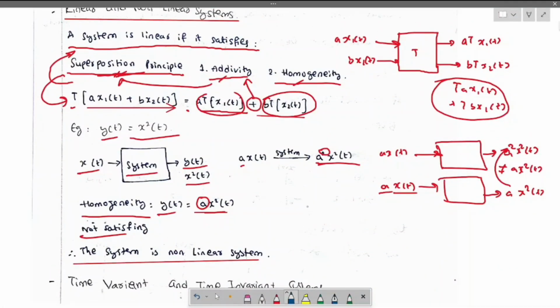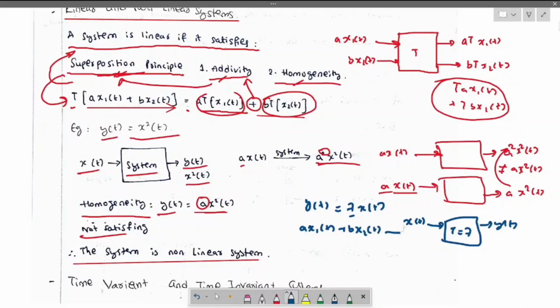In order to understand, let us take y of t as 7 x of t. This is the system, this is x of t, and this is y of t. The system T here is 7, right? Now let us pass this signal and check the superposition. When we pass a x1 of t plus b x2 of t to the system T, it will be T of a x1 of t plus b x2 of t.